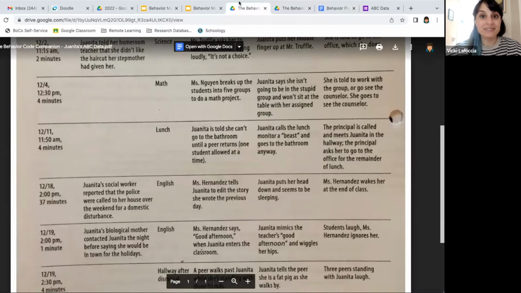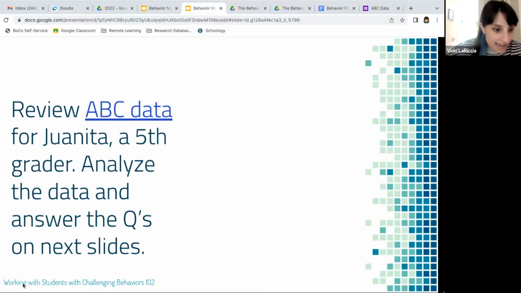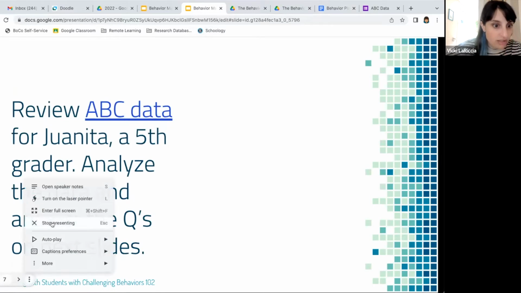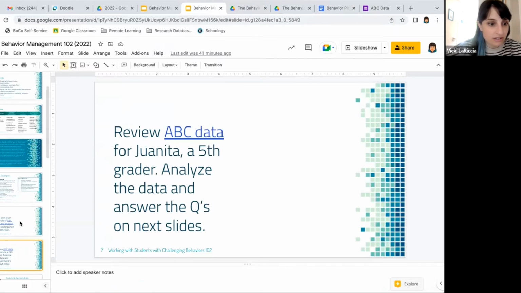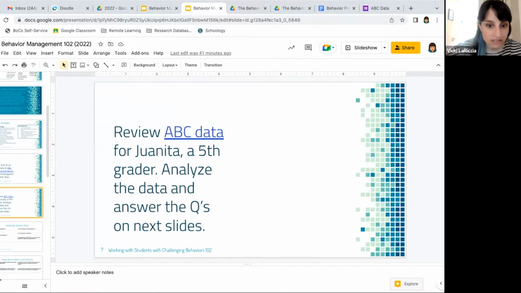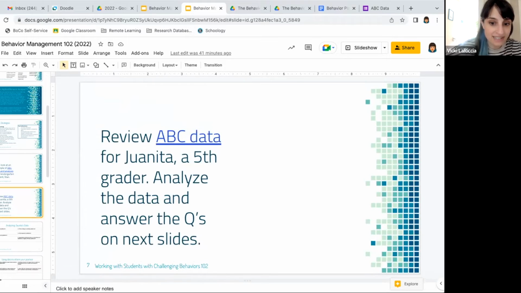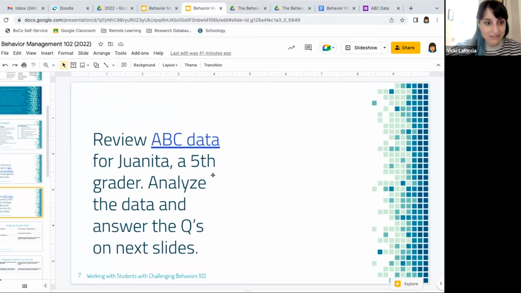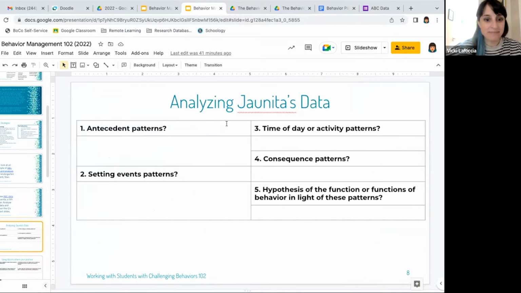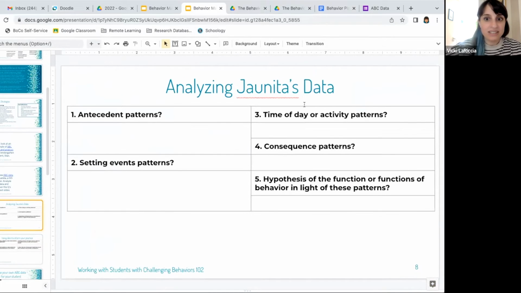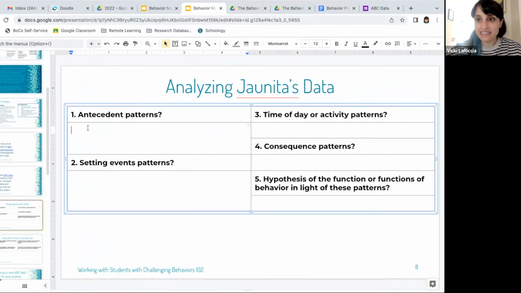So now this is where we need to do some analysis to see if we see any patterns. So I'm going to go back to our slides. And on this next slide, you're going to help me enter some data here, or some analysis. Okay. So patterns and antecedents.